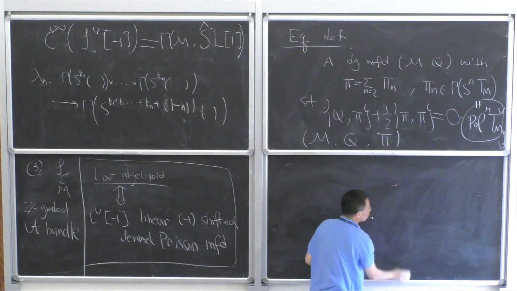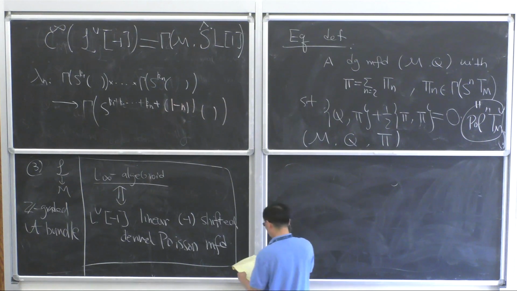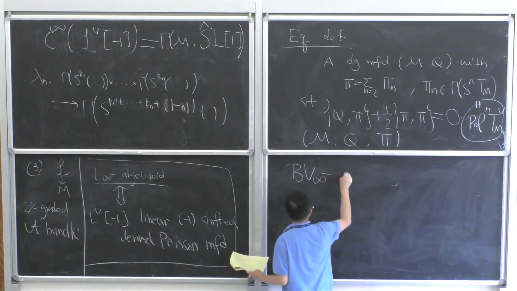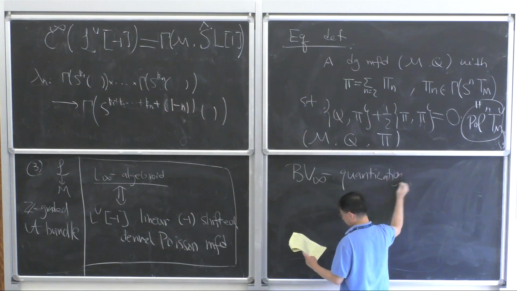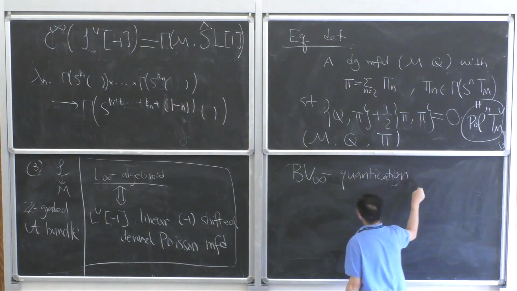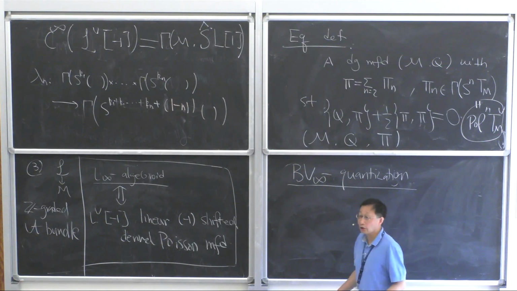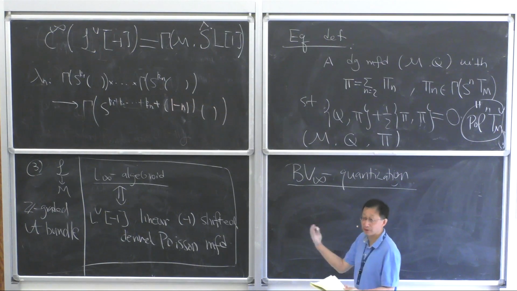So let me move to the quantization part. Now, since I'm looking at all the Z-graded, instead of density, you can talk about also density, half density, but they use Berezinian, right?